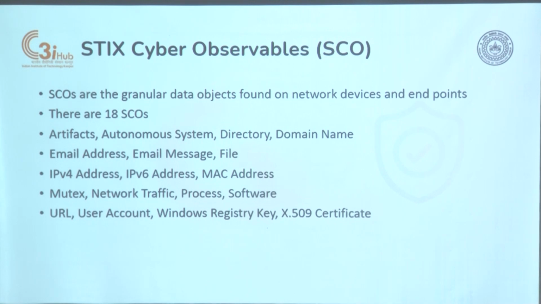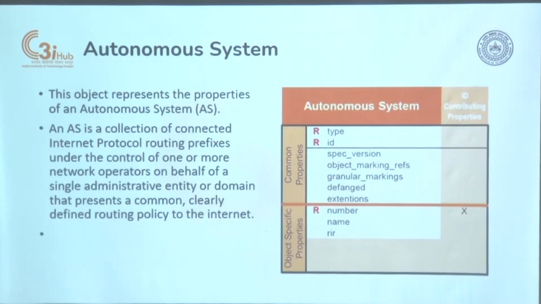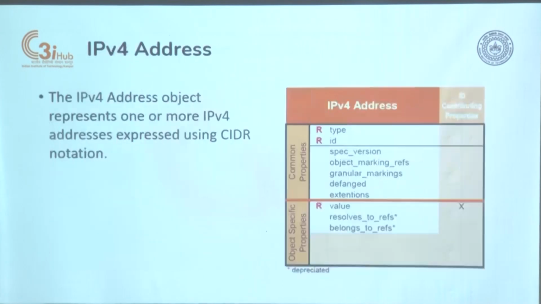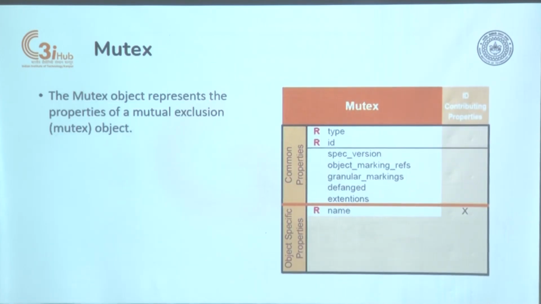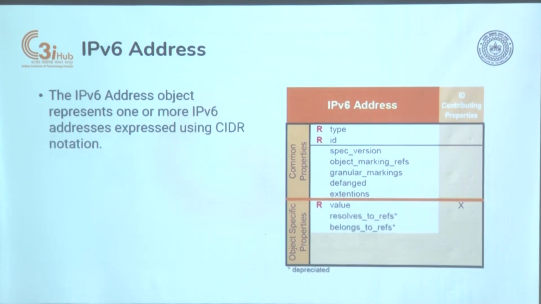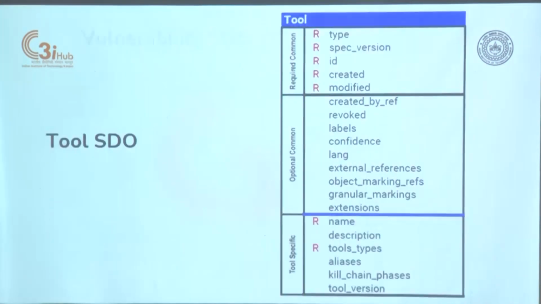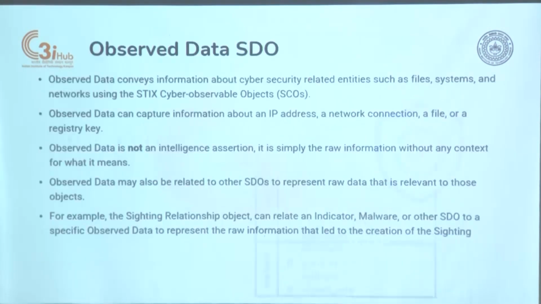No, so the indicator SDO, we will see, is going to be related to this. So when I am describing, let us say, an IPv4 address, right, if you go to the indicator, let us go and see the indicator again.